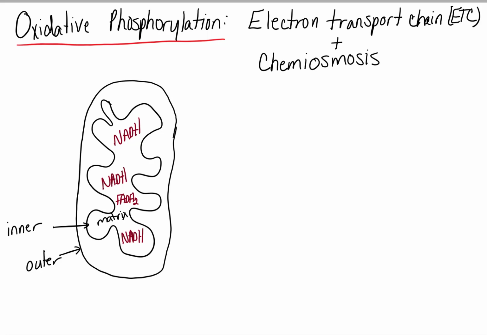Now remember, these electron carriers were reduced from the oxidation of glucose and its intermediates. And the electron transport chain is a series of protein complexes that are embedded in the inner mitochondrial membrane. There are many electron transport chains in this inner mitochondrial membrane, and I'm just going to draw a few there.